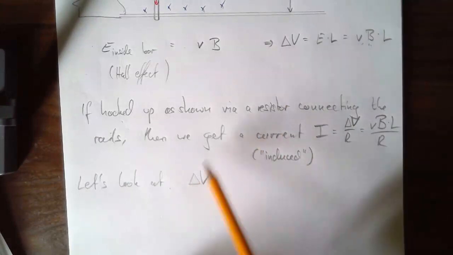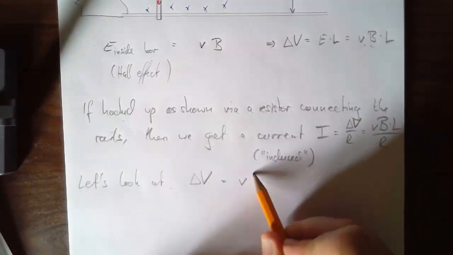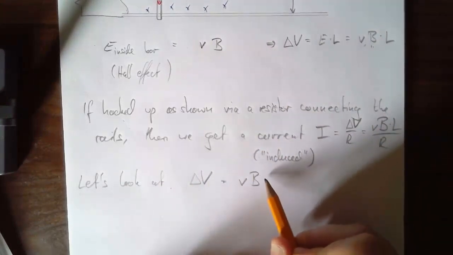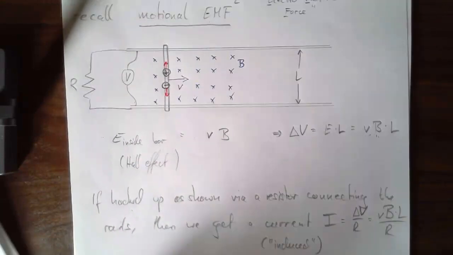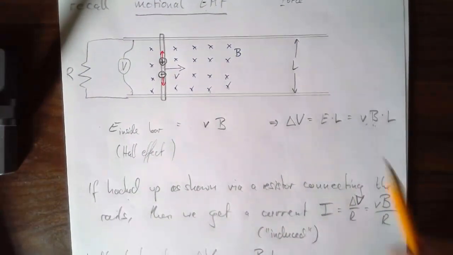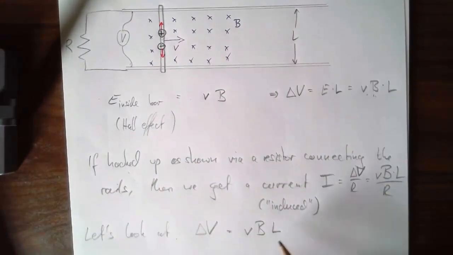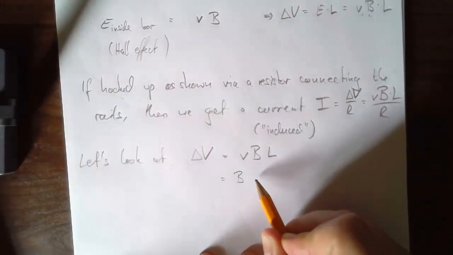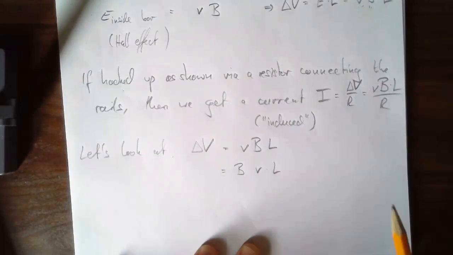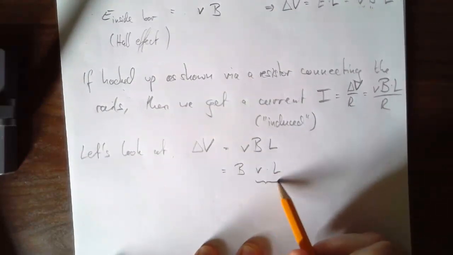Okay, let's look at this expression here. Delta V is v times B times L. Specifically, I want to ask, what is v times L? Let me just rearrange it: B times v times L. What is this?